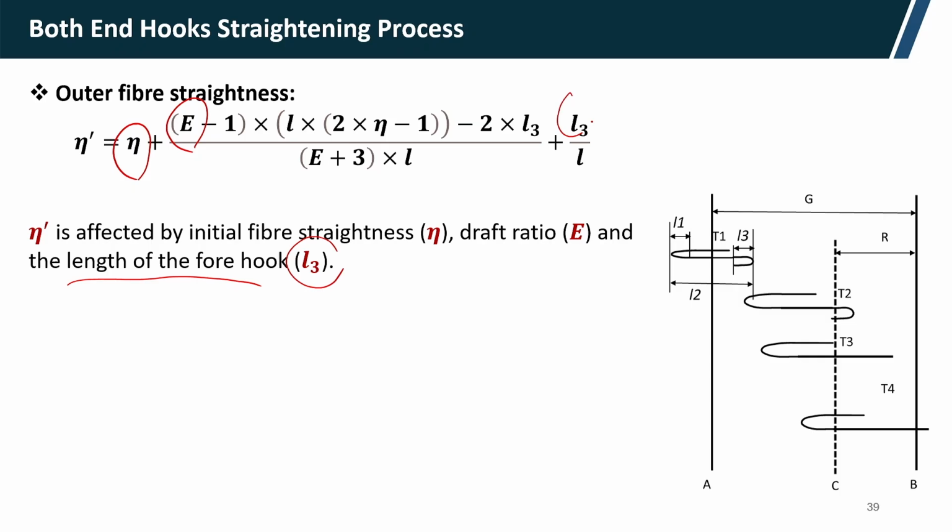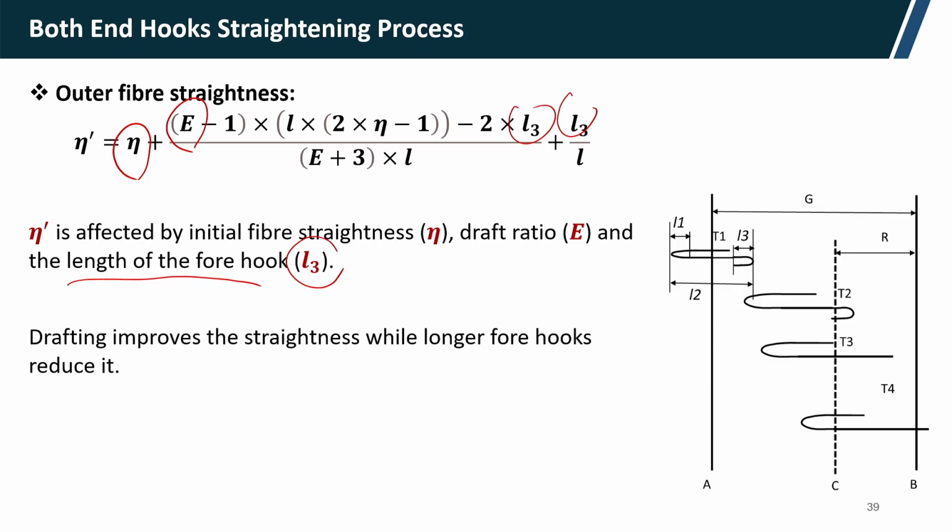So, the length of the leading hook will be there. That is why drafting improves the straightness, while longer fore hooks are reduced.